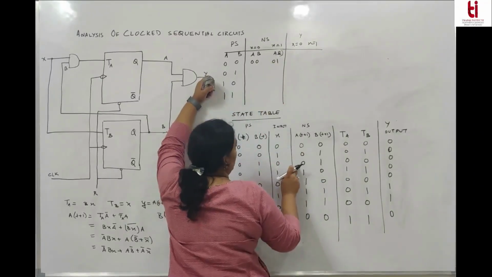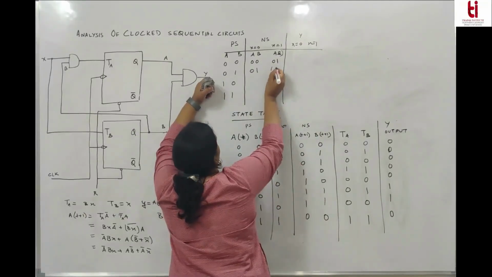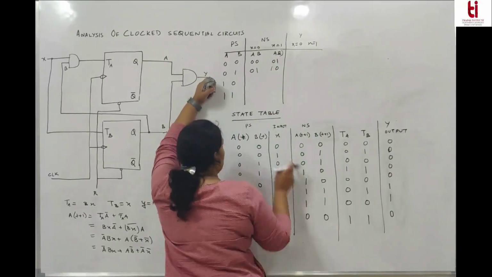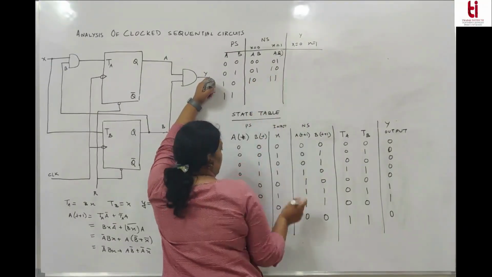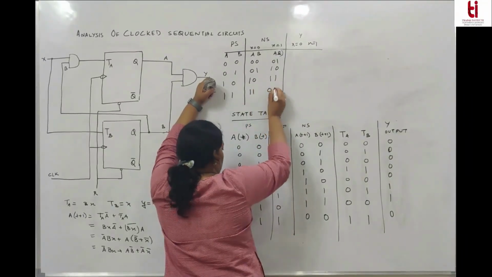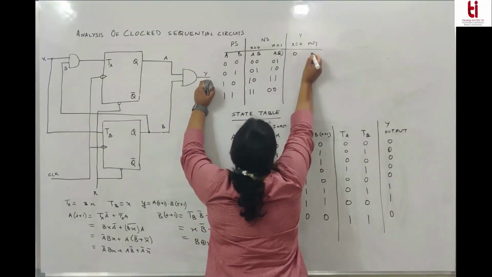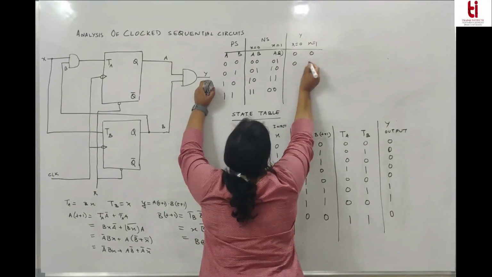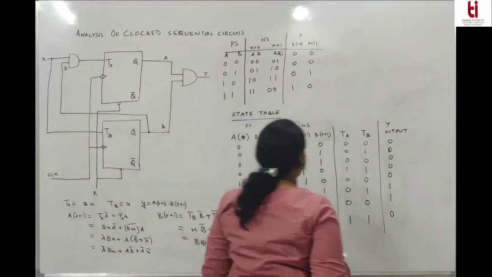For x equal to 0, it is 0, 1. For x equal to 1, it is 1, 0. For x equal to 0, it is 1, 0. For x equal to 1, it is 1, 1. For x equal to 0, it is 1, 1. For x equal to 1, it is 0, 0. And then the output. This is the state table for the given circuit.